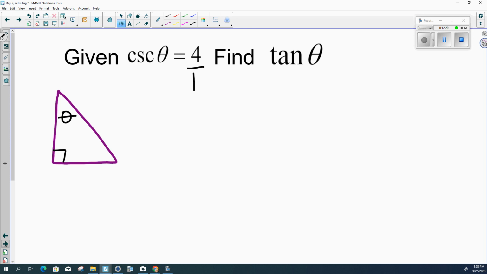Cosecant is hypotenuse over opposite. So I already know some of it. To label your picture, the hypotenuse is 4. The side opposite of our theta is 1.